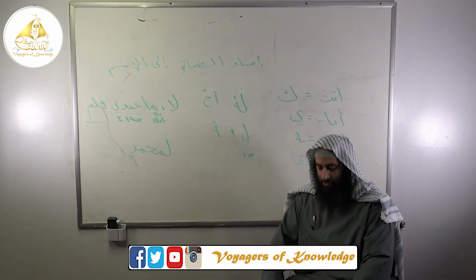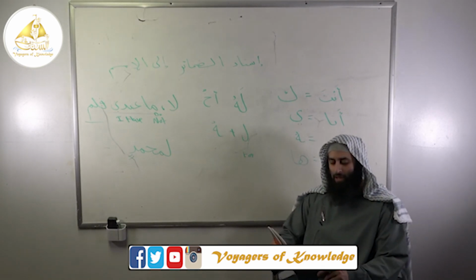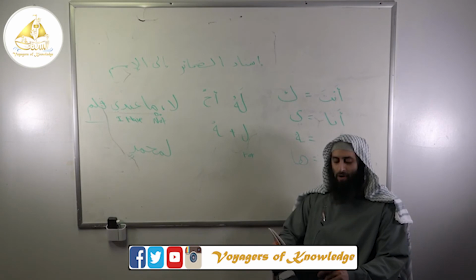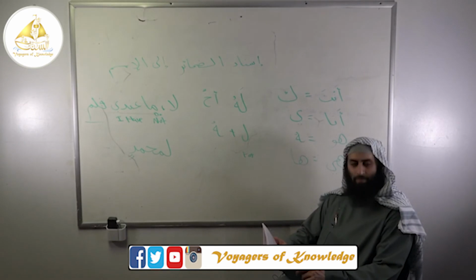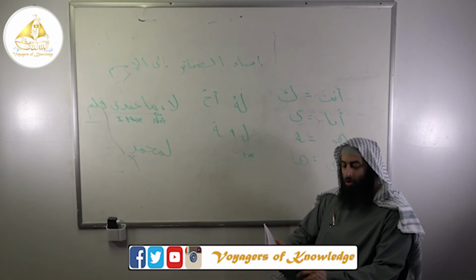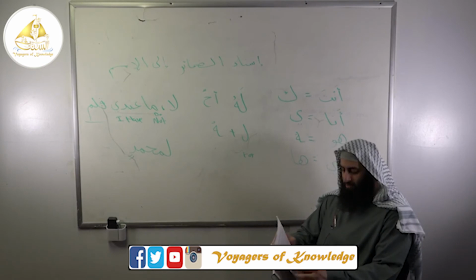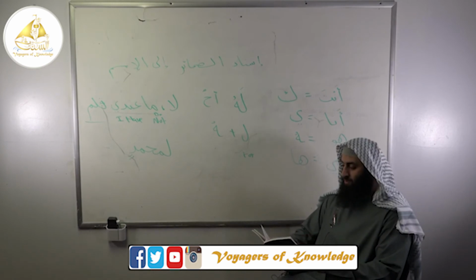Number 6. خرج أبي من البيت. My father left from the house. خرج معه عمي. My uncle went out with him. In this exercise number 8, let's see.